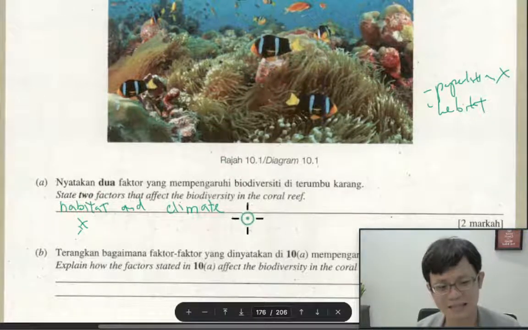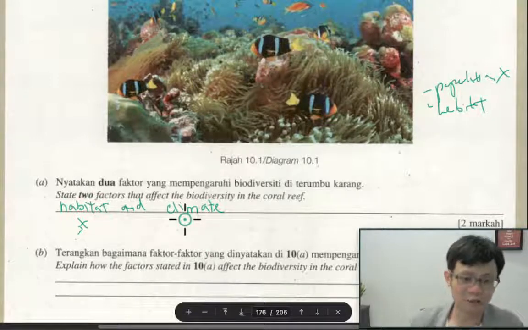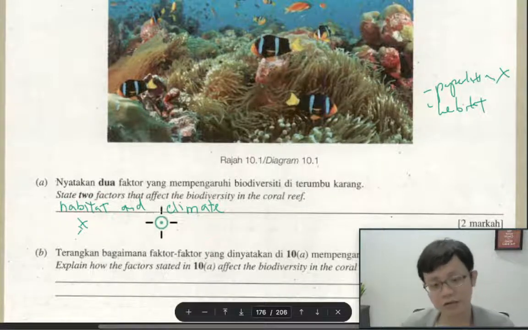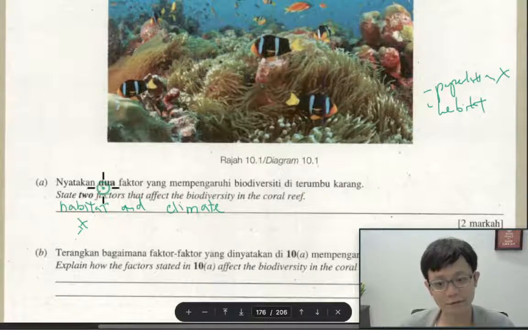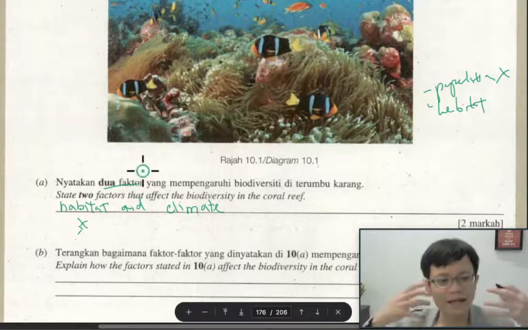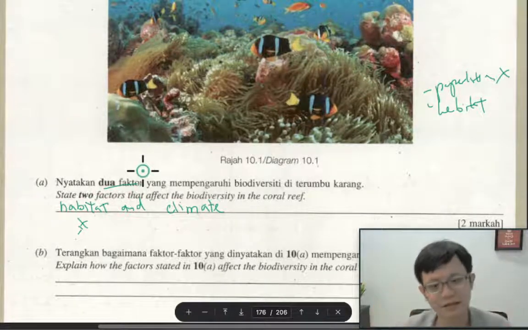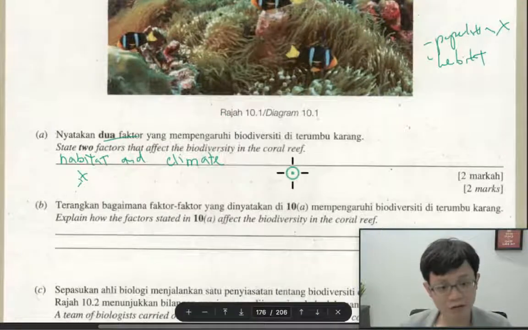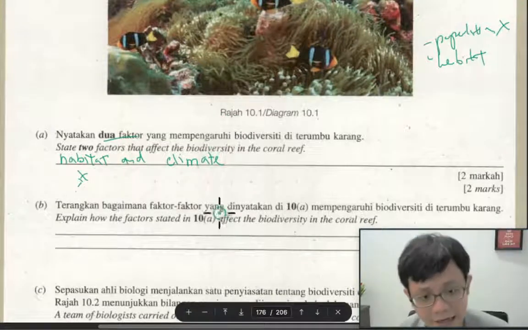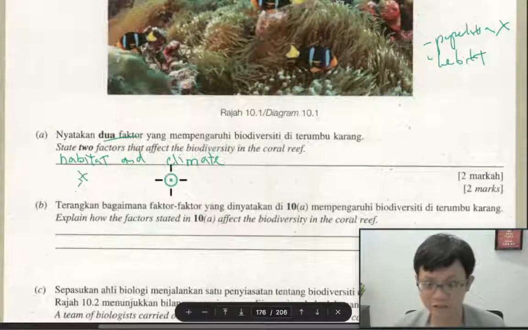There are many answers actually, but the book only wants two answers, habitat and climate. But if you are my student, of course I will still give correct. The reason is that the question is very abstract, meaning it has many possible answers. So whatever logical answer, I will still give correct. I think this should be education, right?